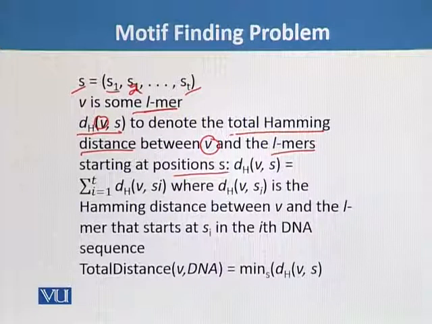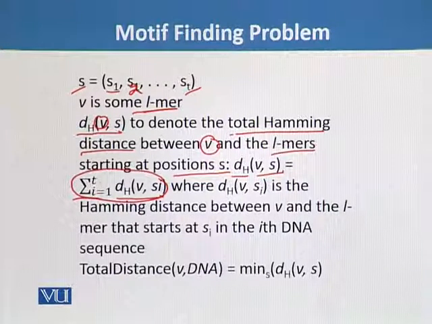For the starting positions s, the Hamming distance d_H(V, s) is denoted by the sum from i equal to 1 to t of d_H(V, s_i). Up till now, we must know what is meant by this equation. We have solved this equation many times.